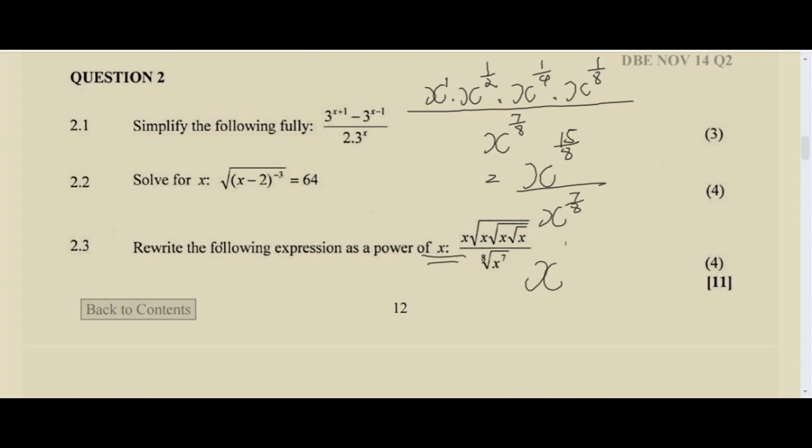That's x to the exponent of 15 over 8 minus 7 over 8. Now if you say 15 minus 7, that's 8, so we're going to end up with 8 divided by 8, which is 1. So that's x to the exponent of 1. Right, so they said rewrite as a power of x, so that's x to the exponent of 1, or you can just say it's x, right? Because remember, x to the exponent of 1 is just x. Then that's how you could have solved the question, guys.